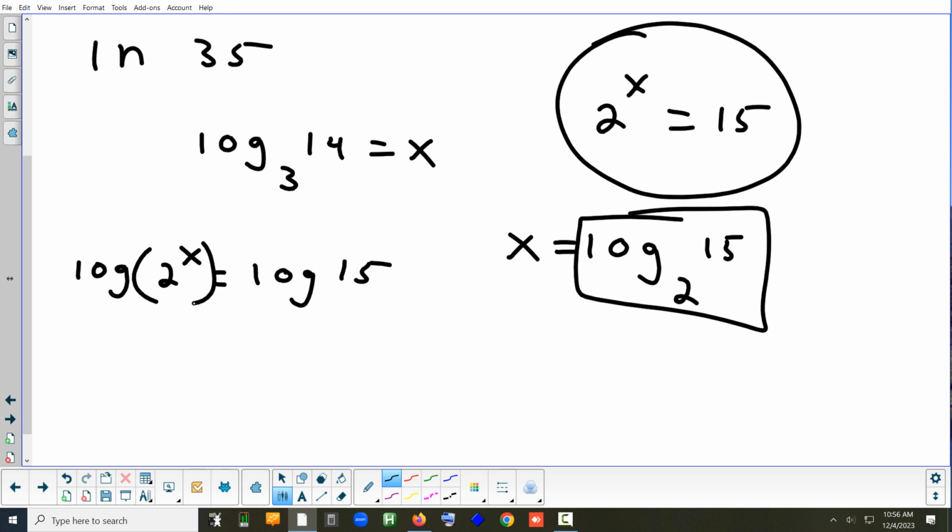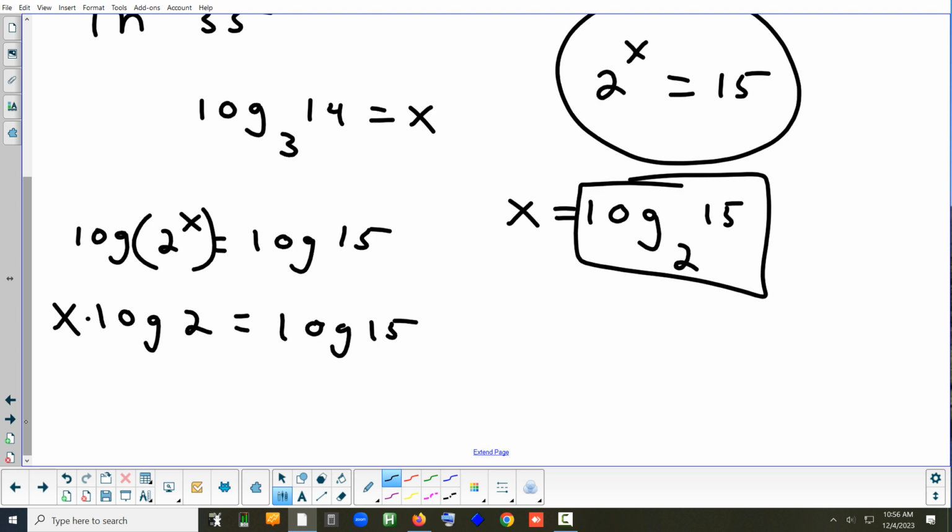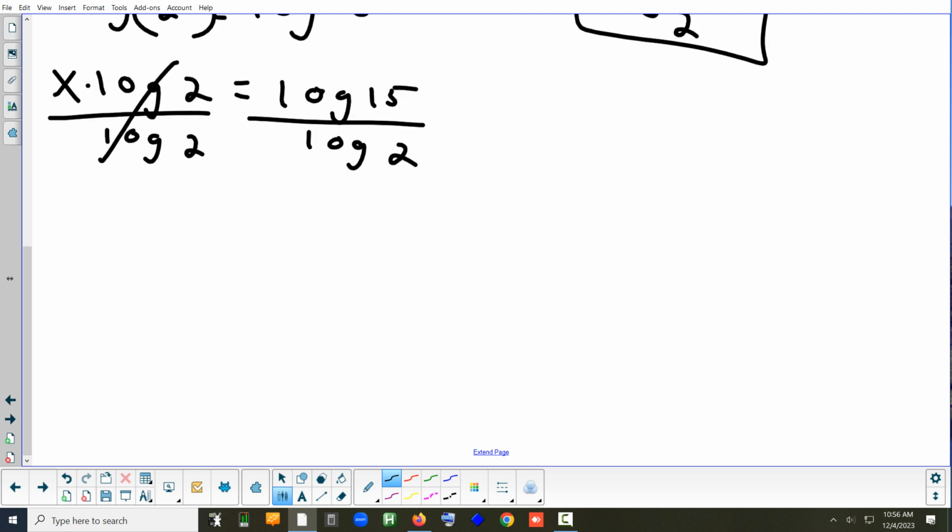Can you put it in front of the log? I can put it x log 2. And then what would be on the other side? Log 15. And now, how would you get the x by itself here? Divide both sides by log 2.